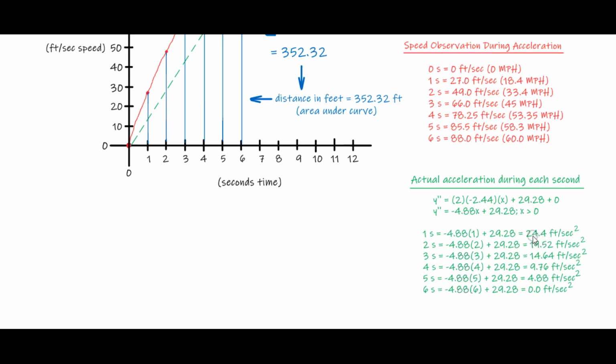So the first second, 24.4 feet per second squared, second, 19.52 feet per second squared, and on and on. So you can see that when we come to the end of the 6 second, our acceleration comes down into 0, which proves that the metric or the derivation is correct.